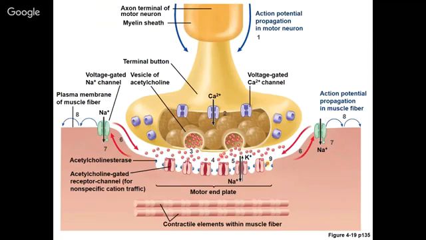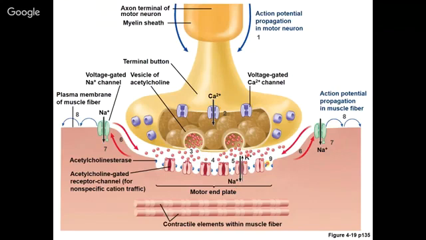And the substance binds with receptor channels that are specific for this receptor, right? So it binds with these channels, and this is in what's known as the motor end plate part of the receiving muscle fiber, okay? So this binding of the neurotransmitter acetylcholine with your receptor channels brings about opening of these non-specific cation channels, okay?